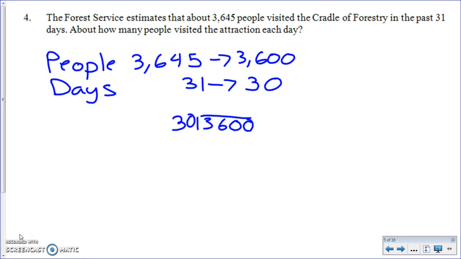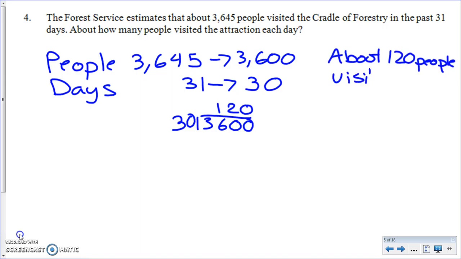And we know 30 is going to go into 3,600 120 times. So about 120 people visited the Cradle of Forestry each day.